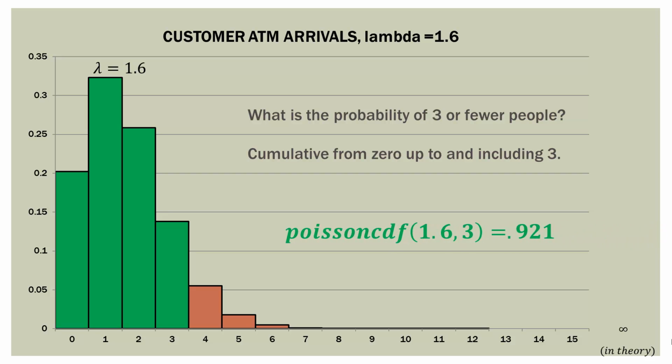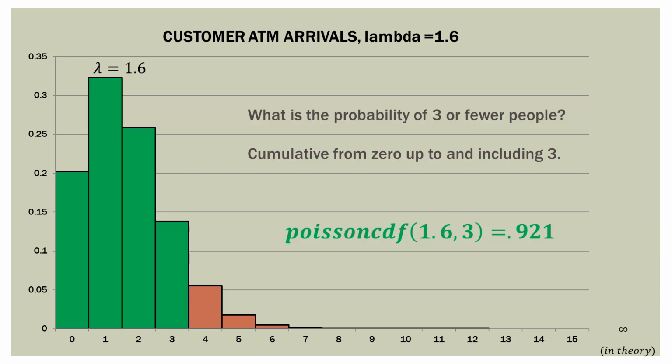And that's in the same place we found the Poisson PDF, but this one's the Poisson CDF. That's the cumulative probability. And again, we give it our lambda, 1.6, and then the upper limit of our cumulative probability, in this case 3. So this will give us everything up to and including 3 as far as the probability goes.